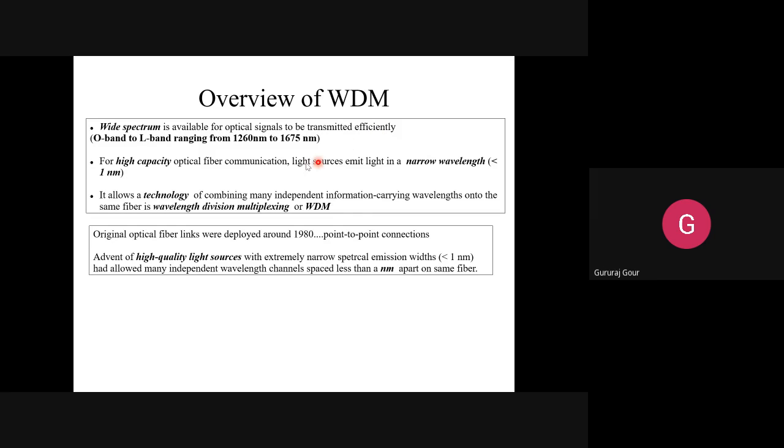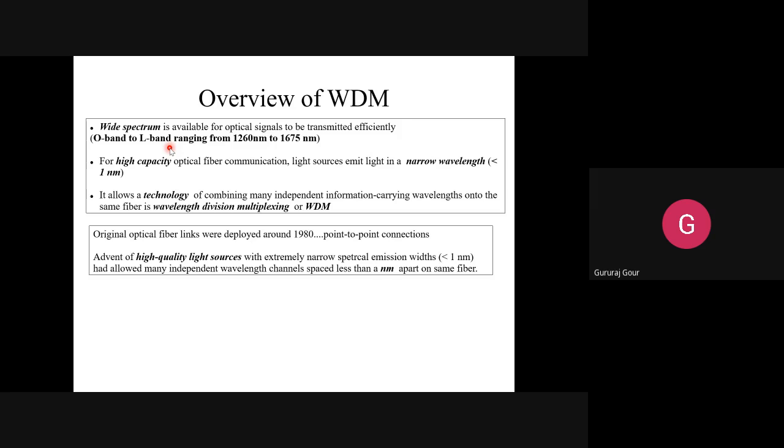The range of the electromagnetic spectrum over which this WDM is going to operate consists of O band to L band, and the S, C, and L bands are going to come later.